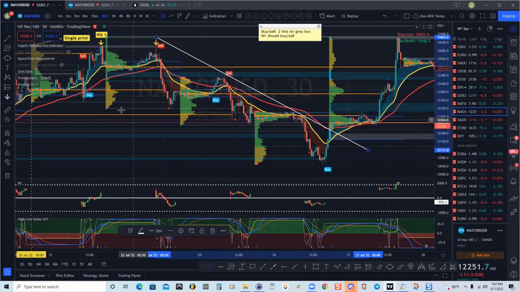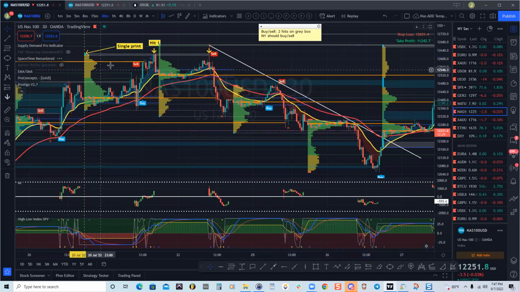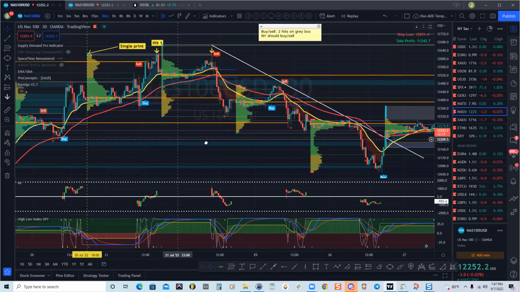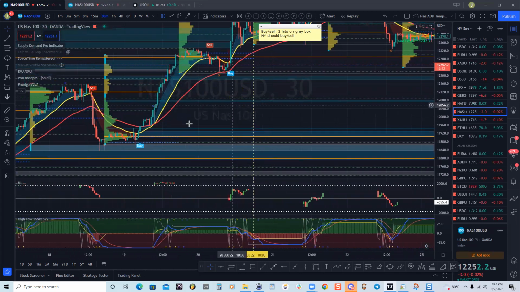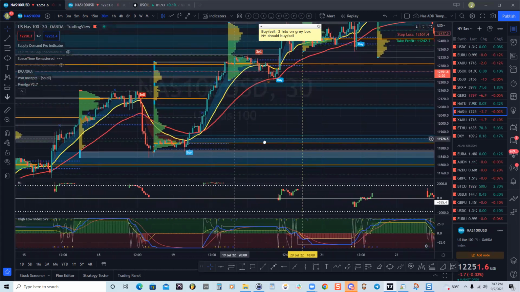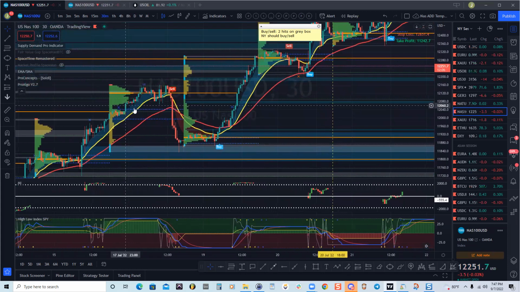But here's the perfect example. Right here, 2 hits on gray box and you buy or sell. And then you got to determine, why do these PLCs end? Why did this end here?